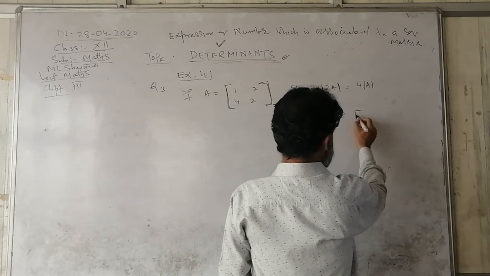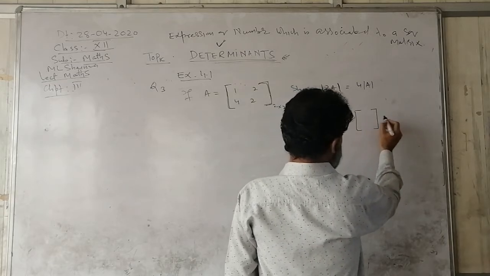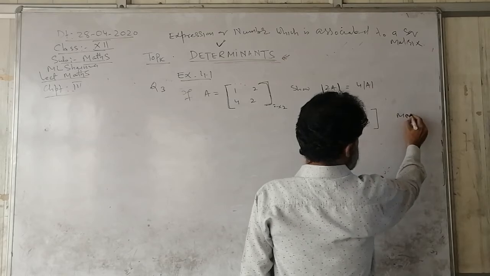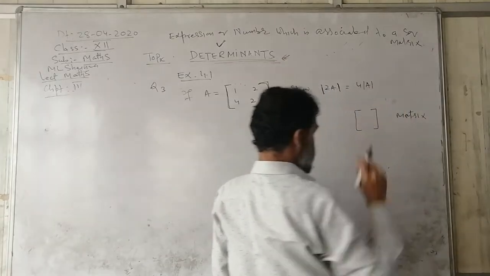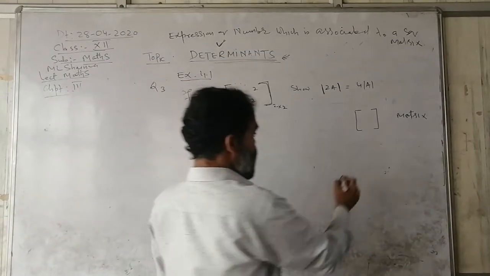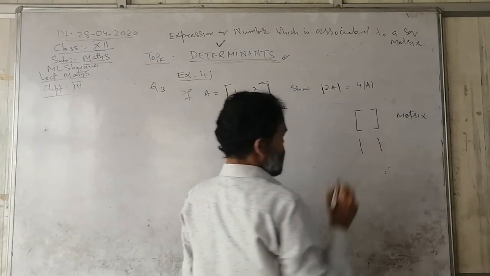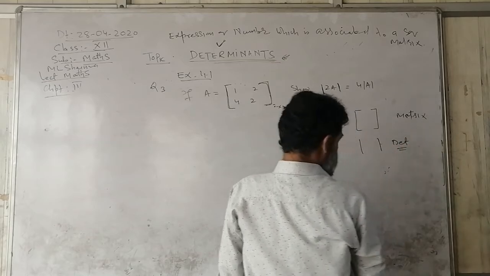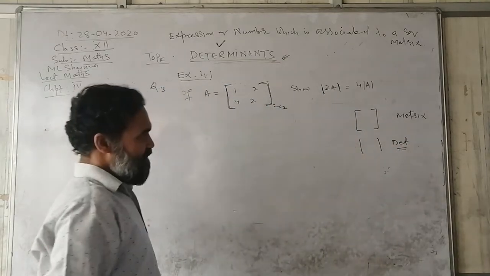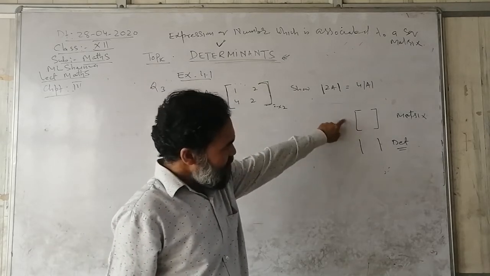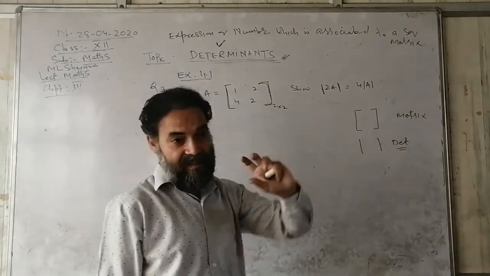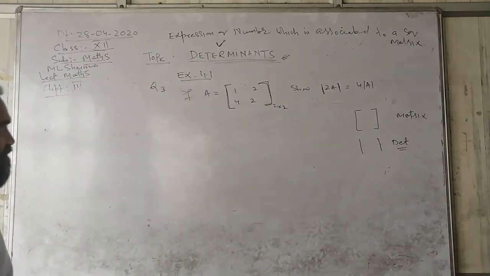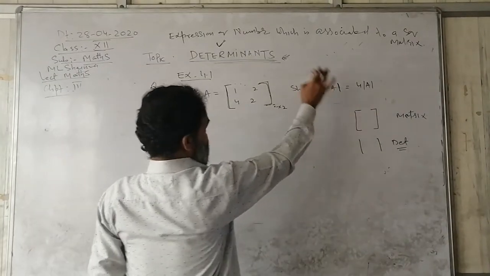If you see this type of symbol, you will identify it as a matrix, and if the two vertical lines are there, you will immediately understand it is a determinant. So there is a difference between this symbol and this symbol.